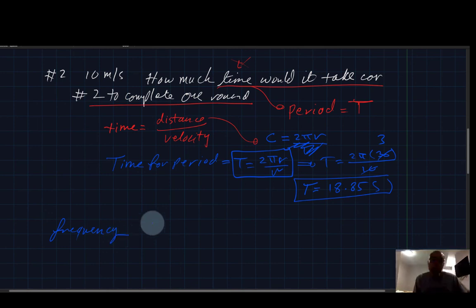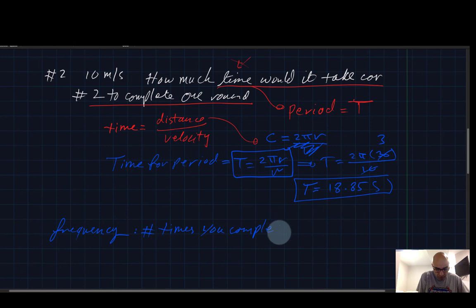The frequency is actually the number of times you complete a circle in 1 second.